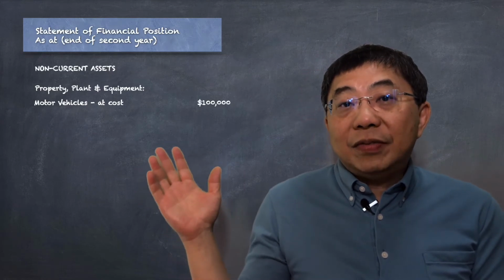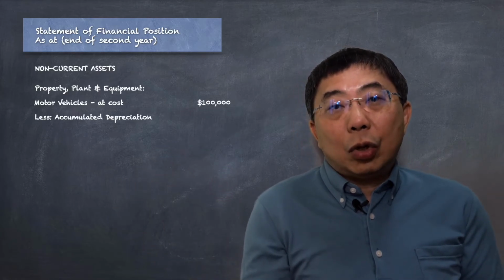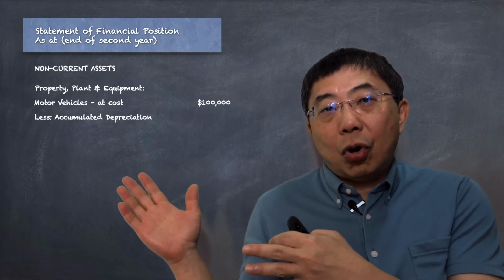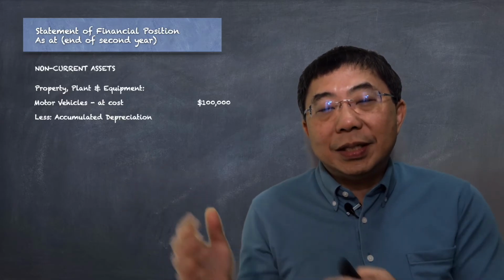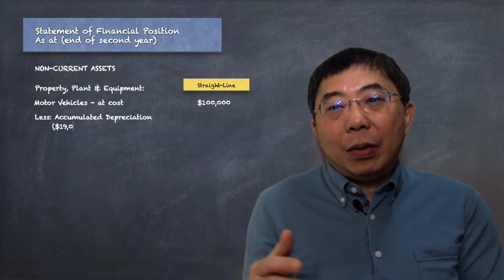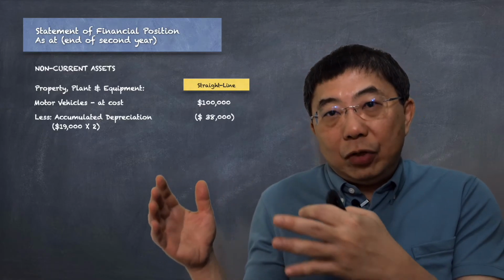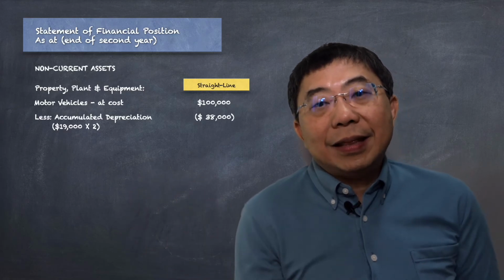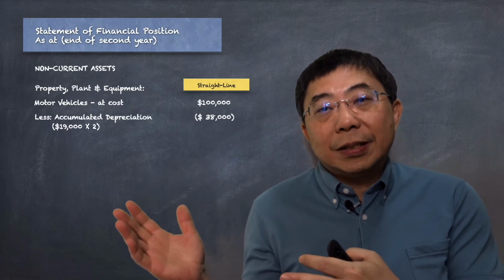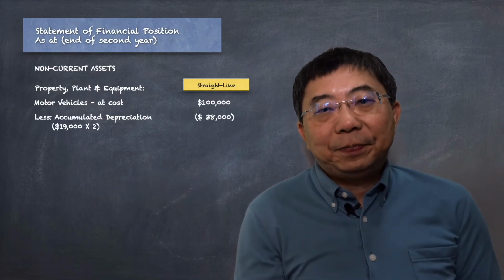Now, the amount of depreciation charged for the use of this asset is recorded in a separate account called the accumulated depreciation. Now, in our example where we use the straight line method, we have used up a total of $38,000 after 2 years, which is at $19,000 per year.